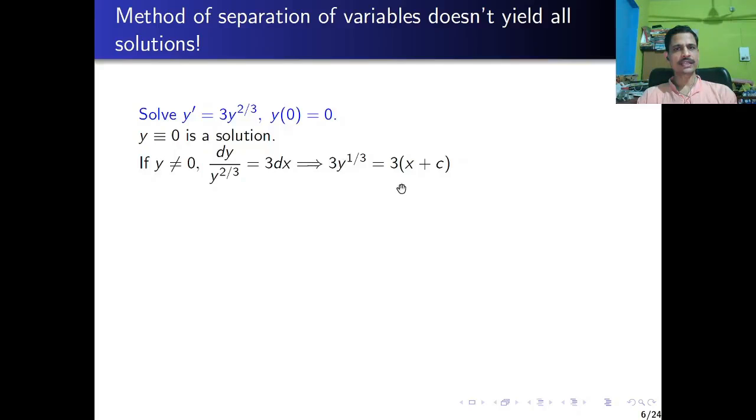So instead of writing 3x plus a constant, for simplicity we take that constant to be 3c, and so we can write it in this way: 3 y raised to 1 by 3 is equal to 3 times x plus c, or in other words, y is equal to (x plus c) cube. So we got one solution here, y is everywhere 0, and the other solution is y is equal to (x plus c) whole cube.